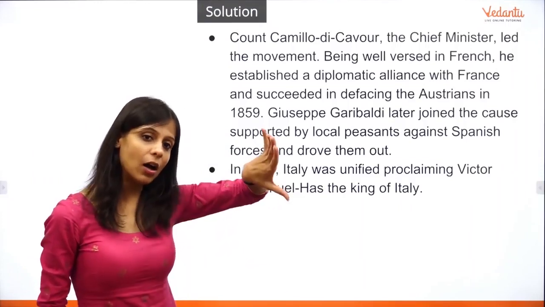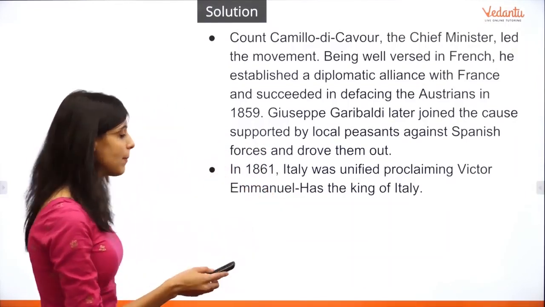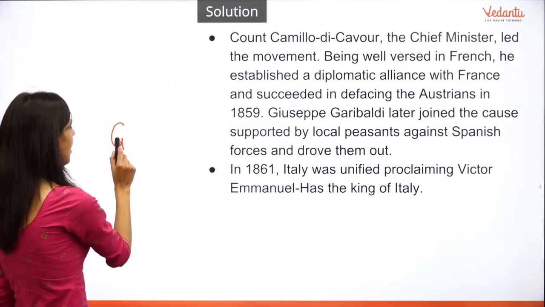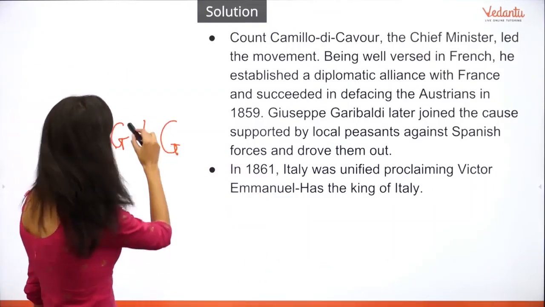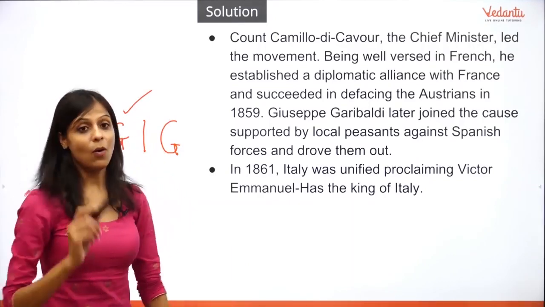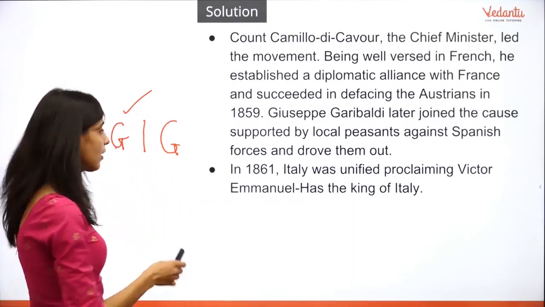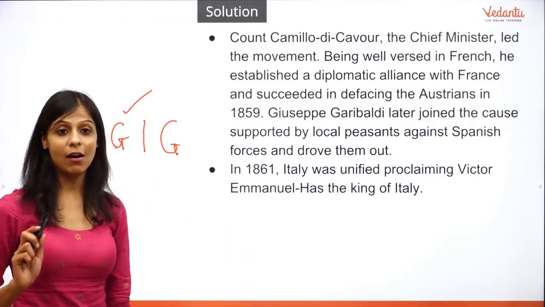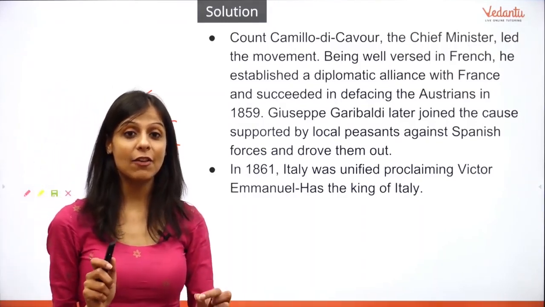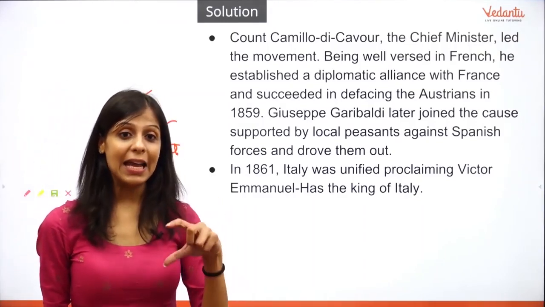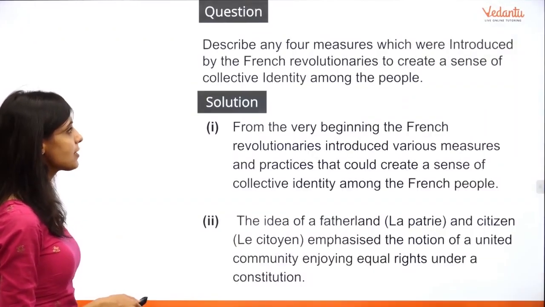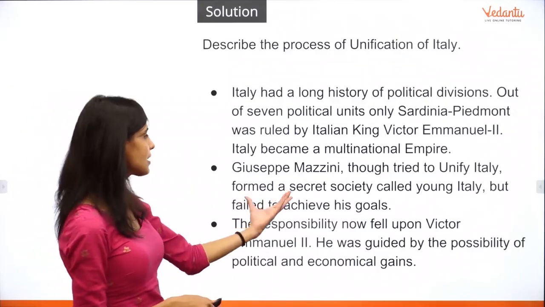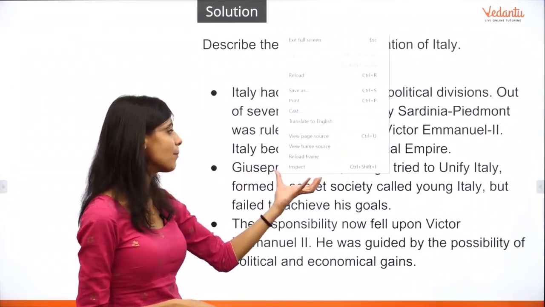Garibaldi, after the... just remember GIG. Now what's GIG? What does the G stand for? In this case, the first G you can give to Garibaldi, then I stands for Italy, and the other G, of course, stands for Giuseppe Mazzini.